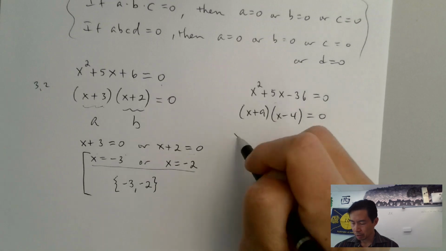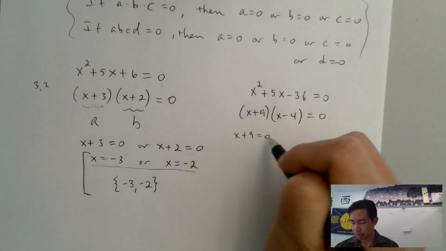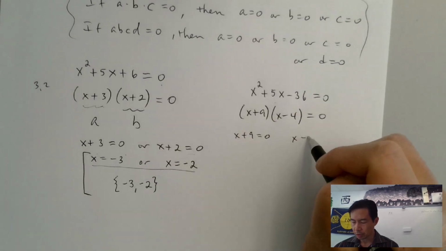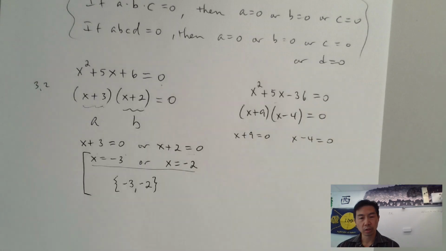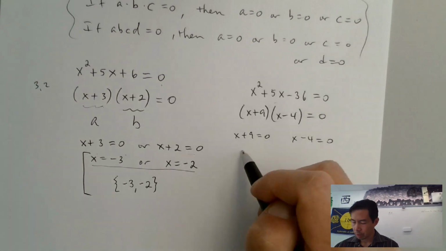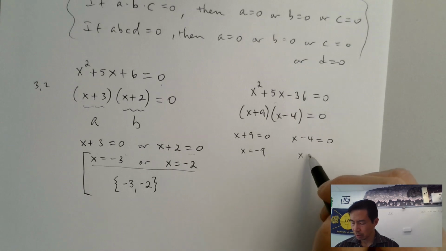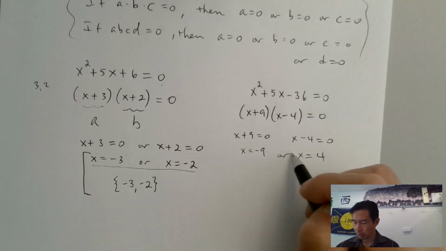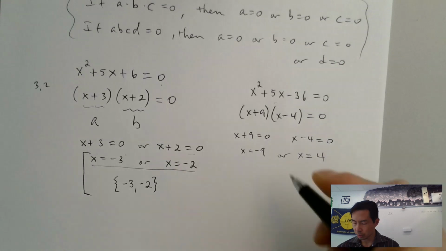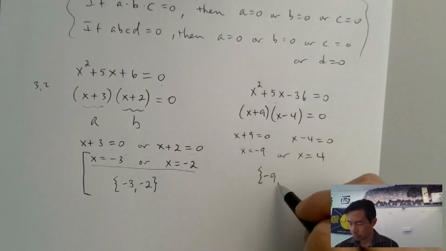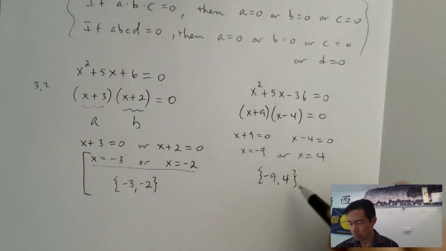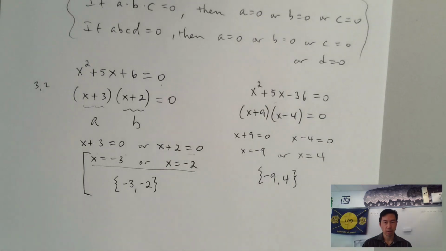Now I imagine x plus 9 is 0. I also imagine x minus 4 is 0. In this case, x is negative 9. In this case, x is 4. So those are my two solutions, or if you prefer solution set form, negative 9 and 4.